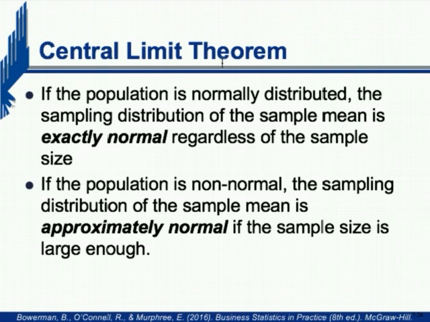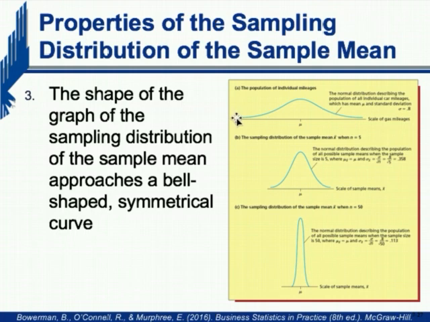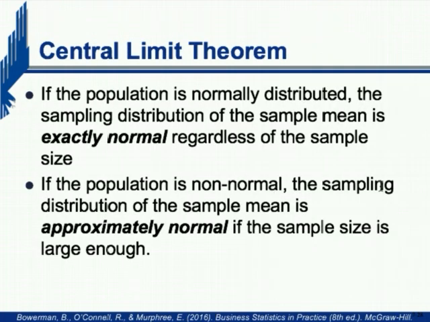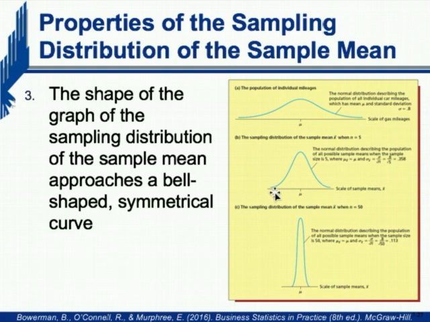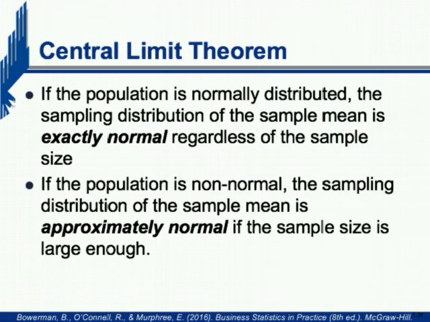Now, according to the central limit theorem, if the population of x is not normally distributed, meaning the distribution of x is not bell-shaped and is not symmetrical, as long as the sample size is large enough, we can say that the sampling distribution of the sample mean will be approximately normal. So the graph of the sampling distribution of the sample mean will also look relatively bell-shaped and relatively symmetrical.